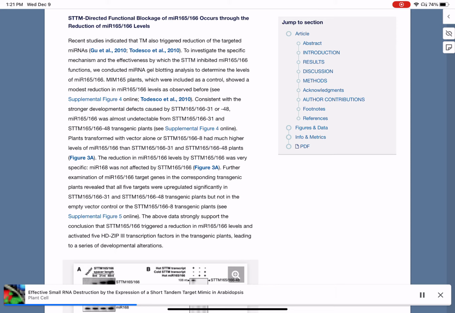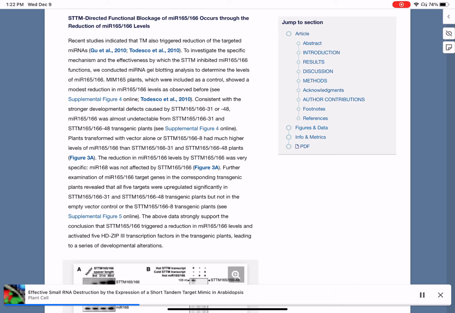Tedesco et al., 2010. Consistent with the stronger developmental defects caused by STTM-165-166-31 or -48, miR-165-166 was almost undetectable from STTM-165-166-31 and STTM-165-166-48 transgenic plants. See supplemental figure 4 online.